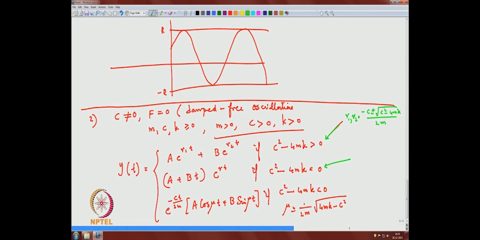Here your root should be minus c by 2 m, and look at it, some interesting observation.